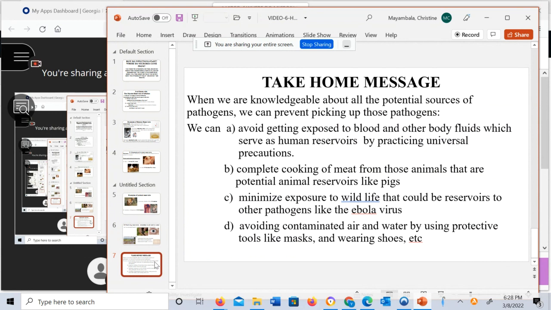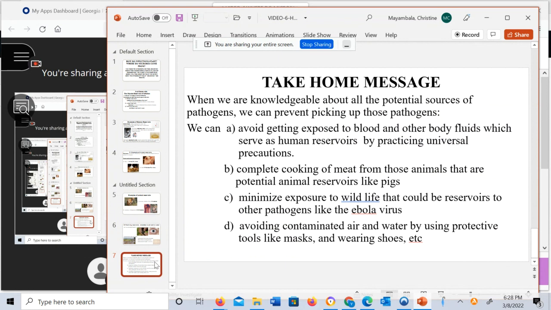We can avoid getting exposed to blood and other body fluids where microorganisms that are human reservoirs can be picked up from, by practicing a technique called universal precautions.